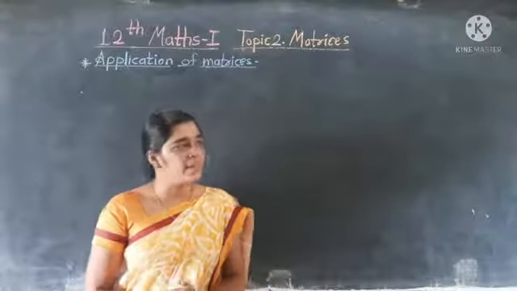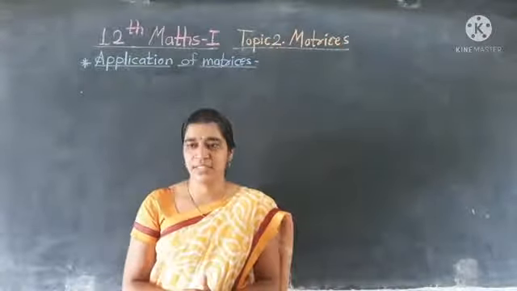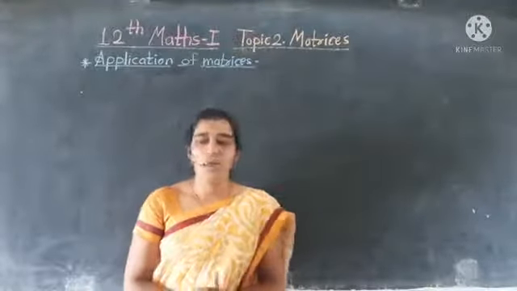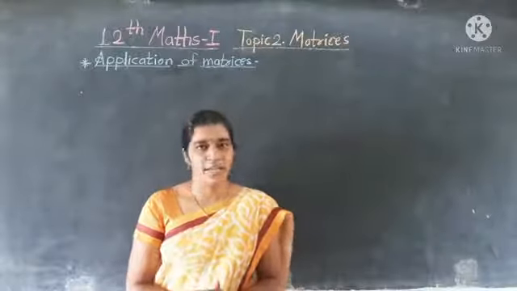For the adjoint method we found the minor and cofactor of the given matrix. Then what is the formula? A inverse is equal to 1 upon determinant A into adjoint of A.